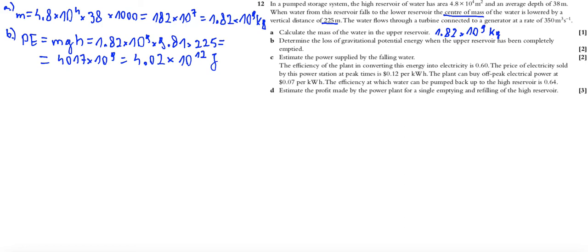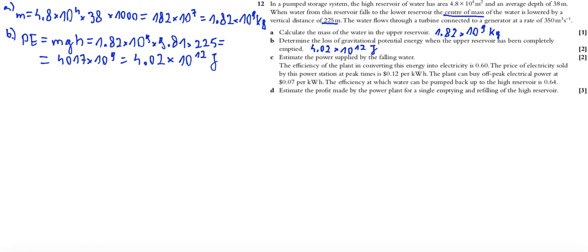This is the amount of energy which is lost by falling water from 225 meters. So let's write this here, 4.02 times 10 to the power of 12 joules.